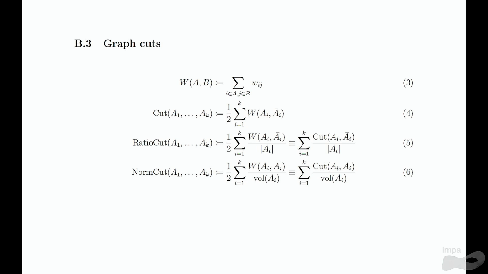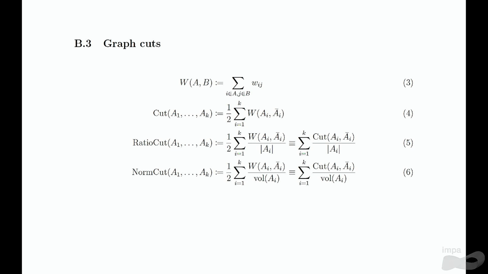We have this original cut weight between sets A and B, and the cut of the partition whose elements are A1 all the way through Ak. This is just summing over all cut weights of the Ai and their complement, and then accounting for multiplicity in the sum by taking this factor of 1/2.